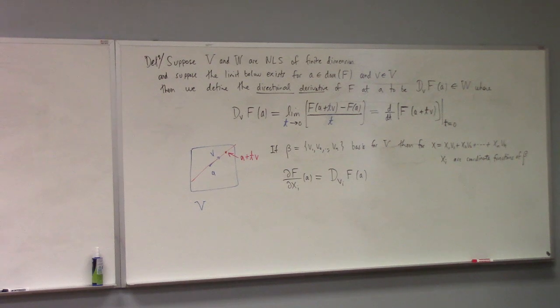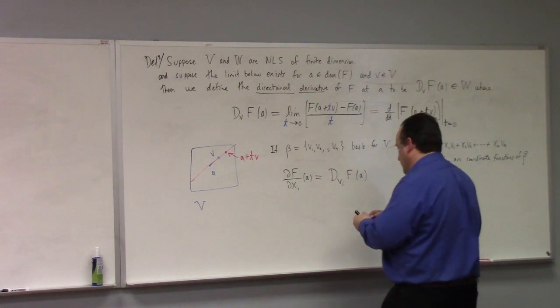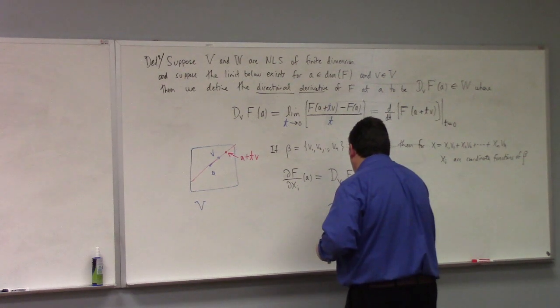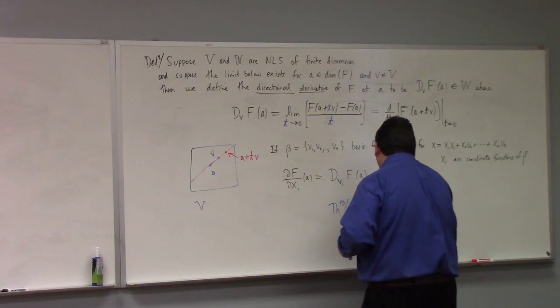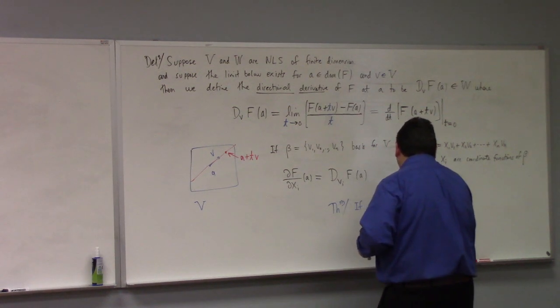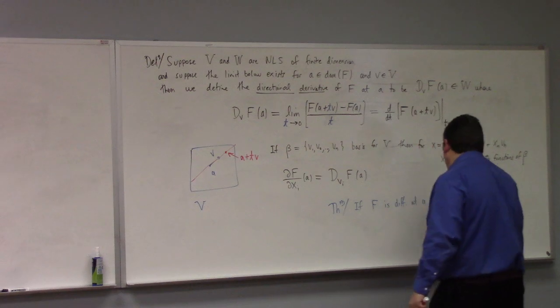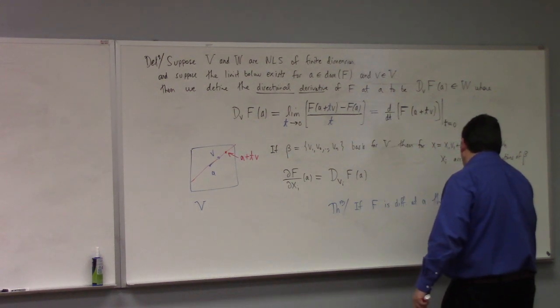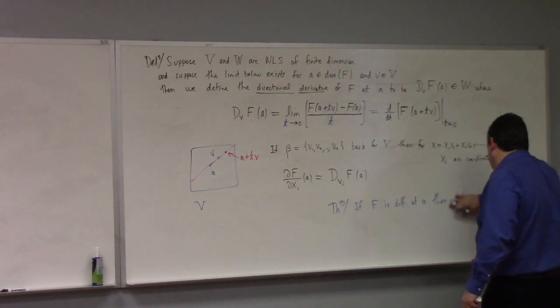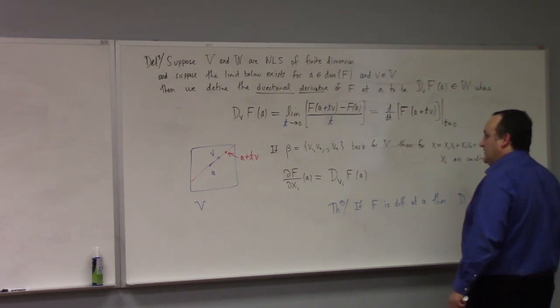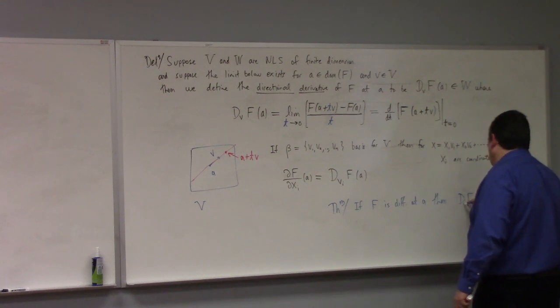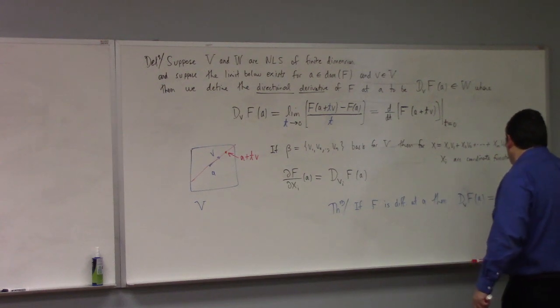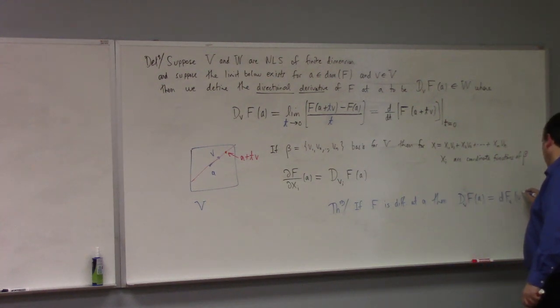All right, what else do I want to tell you here? We have a theorem, which I will project here in a moment. And the theorem says this: if f is differentiable at A, then the directional derivative exists, and in particular, here's how it goes: the directional derivative D_v f at A is straight up equal to the differential of f at A acting on v.